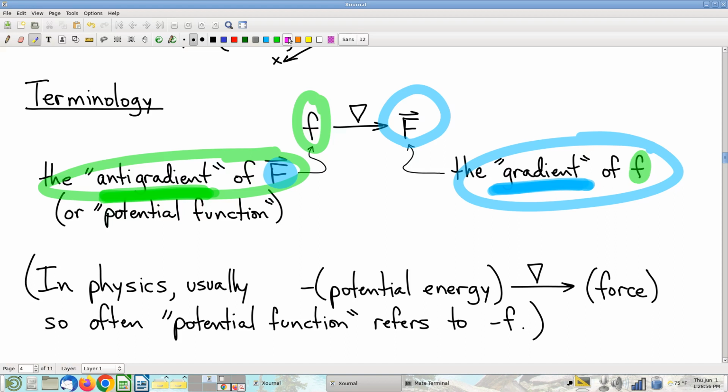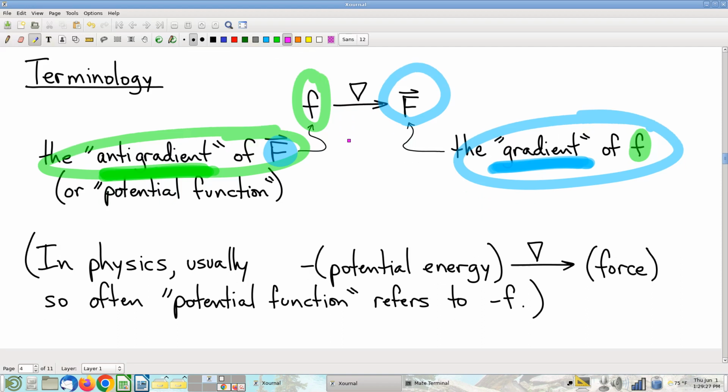The gradient of a function is a vector field. The antigradient of a vector field would be that function. So I think this is extremely reasonable. Again, total rip-off of a grammatical model created with derivative and antiderivative in Calc 1. So what could be more natural here?